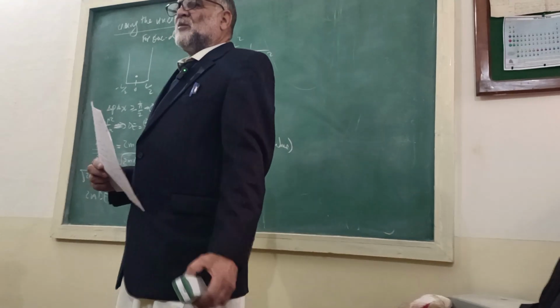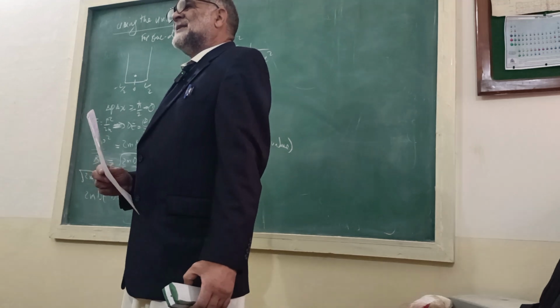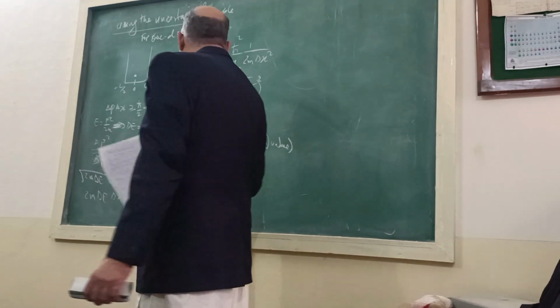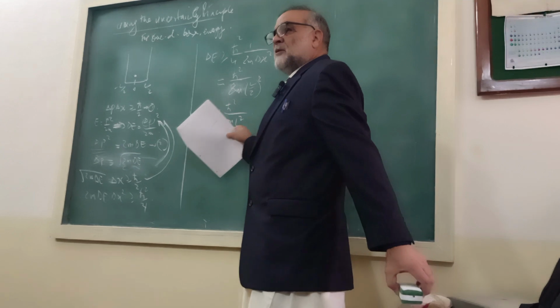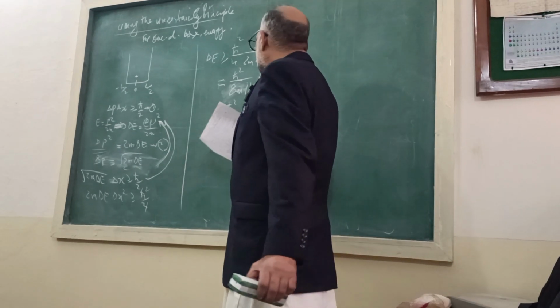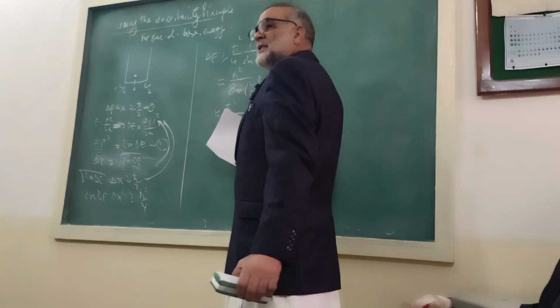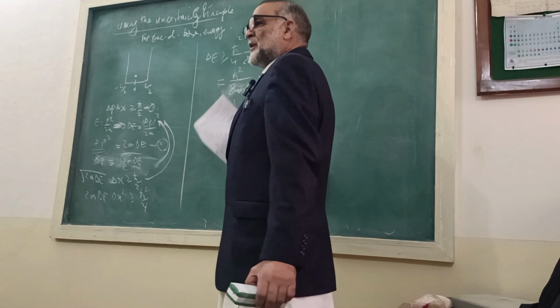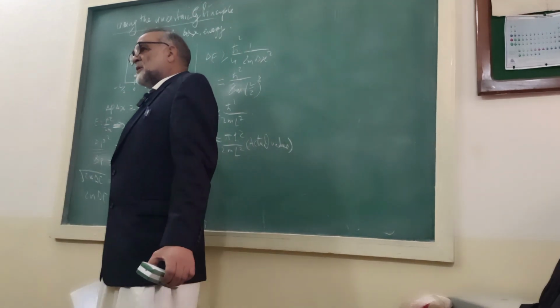Is it clear here? This is the actual value, our approximate value is like this, very close to each other. And we got this from the uncertainty principle, right?